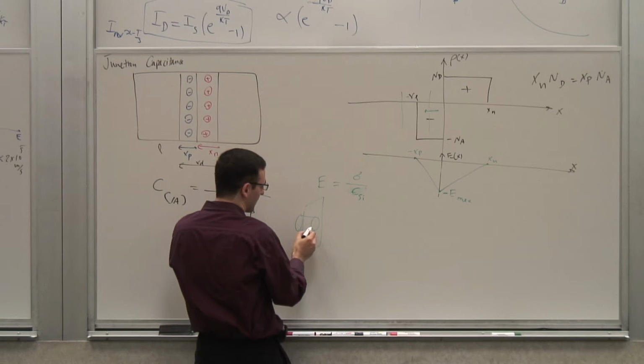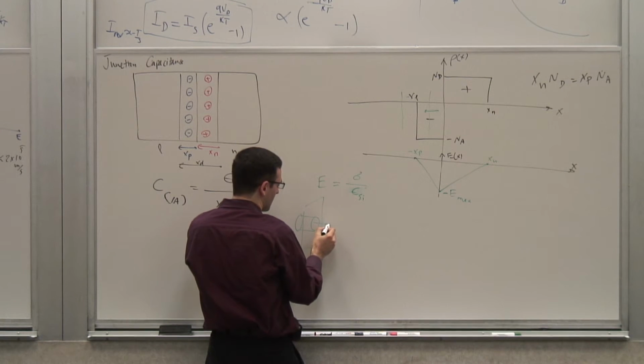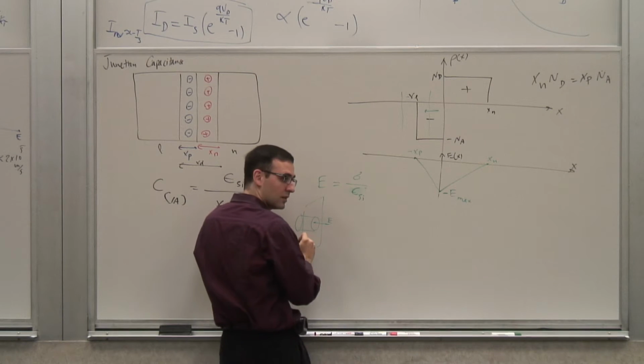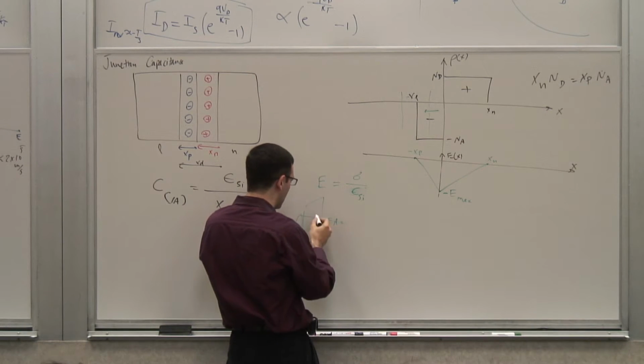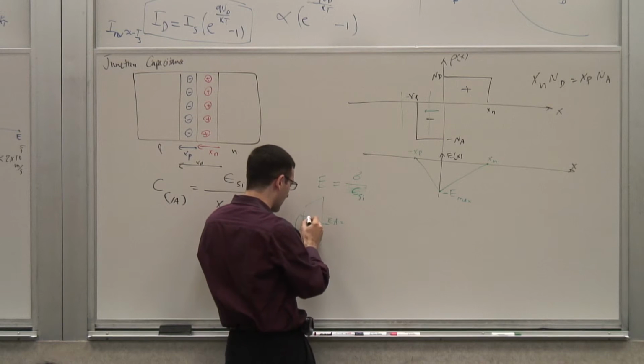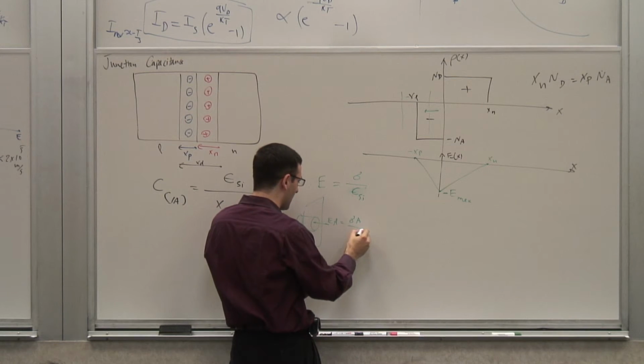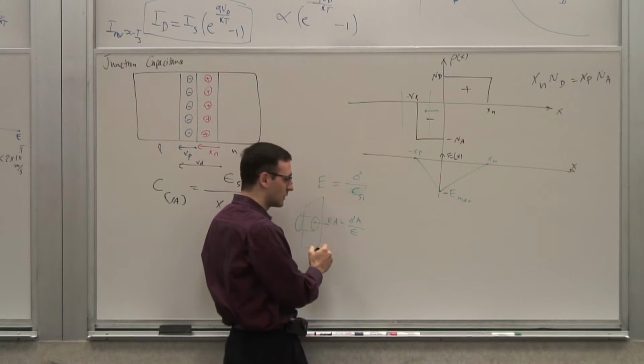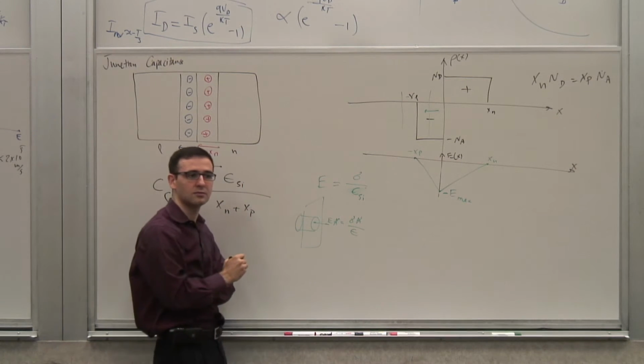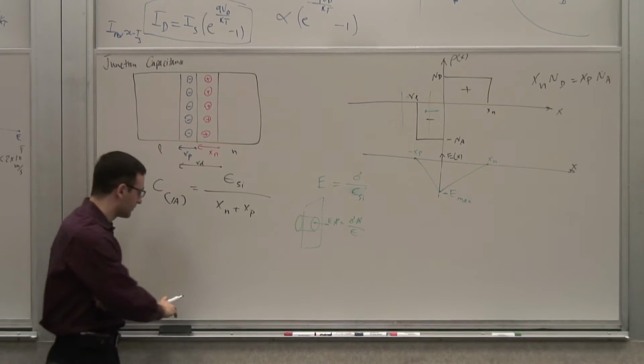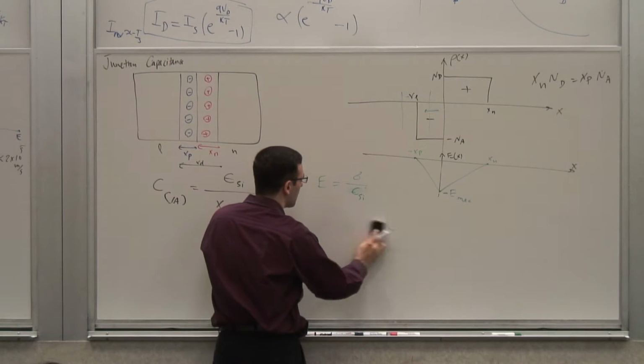On this side, you know the electric field is 0. So the total electric field, E times A, has to be equal to the total charge inside, which is sigma times A divided by epsilon. The A's cancel, and that's what you get from basic electrostatics. Okay. So that's what it is.